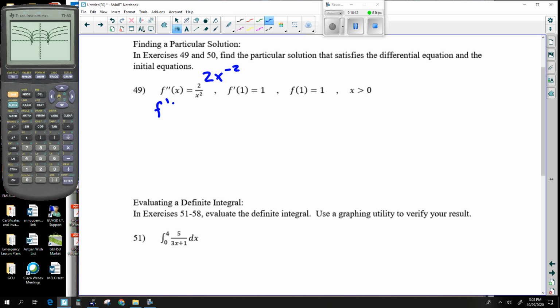So the derivative of this is going to be x to the negative 1, negative 2 plus c. All right, that's the first derivative. And then they give me a situation where they go f prime of 1. So this is negative 2 over 1 plus c is equal to 1. And so c is equal to 3.